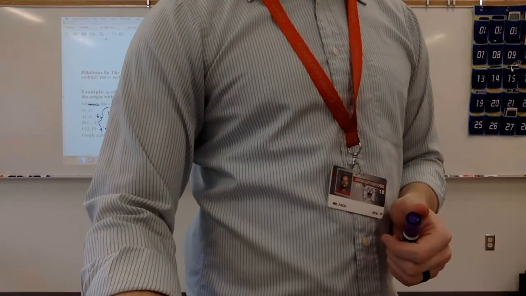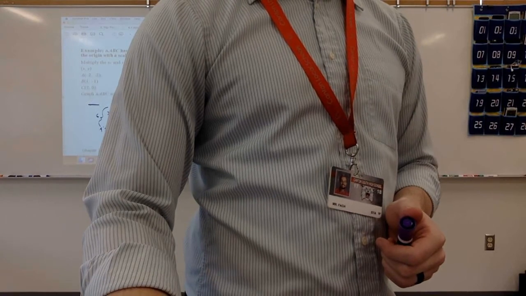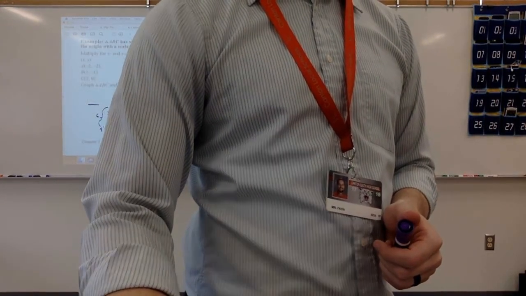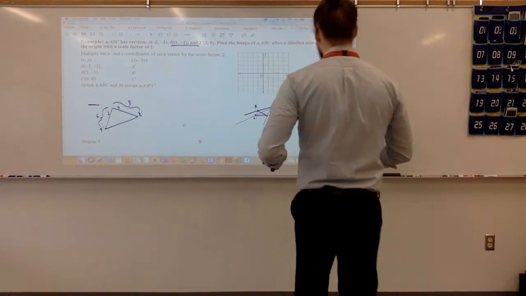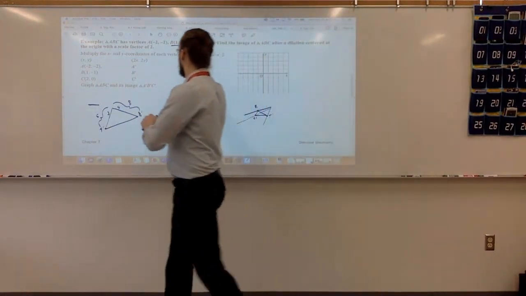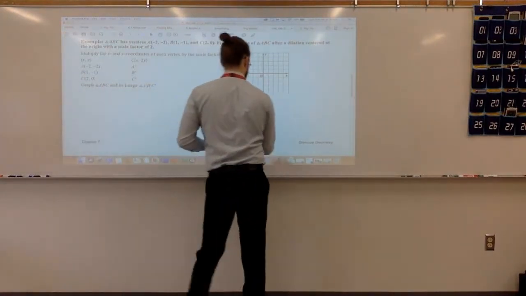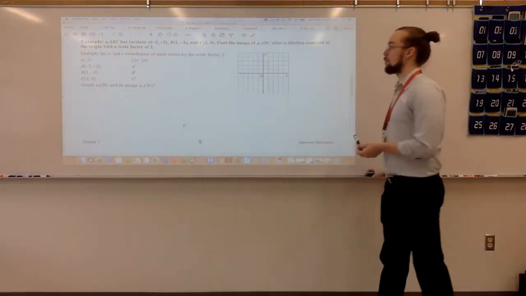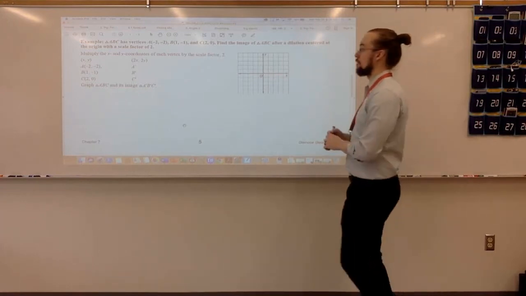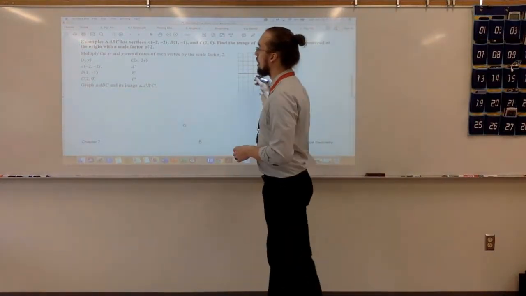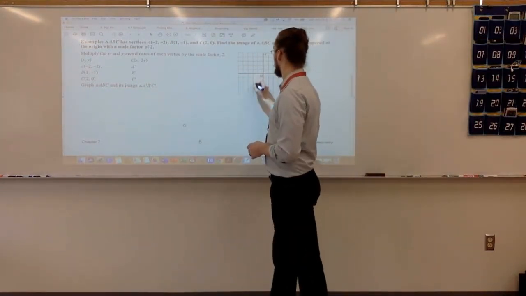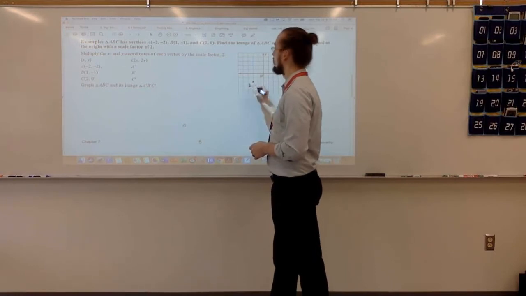All right, so let's now take this idea to the coordinate plane. So, in this example, we're given 3 vertices for our original triangle. So let's start by plotting those. Right? A is at -2, -2.